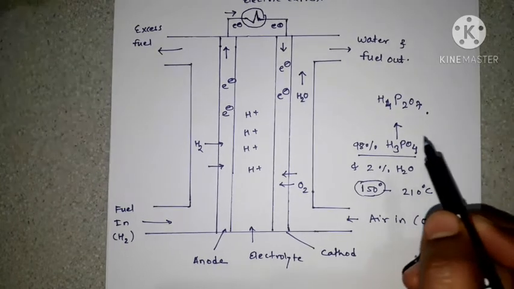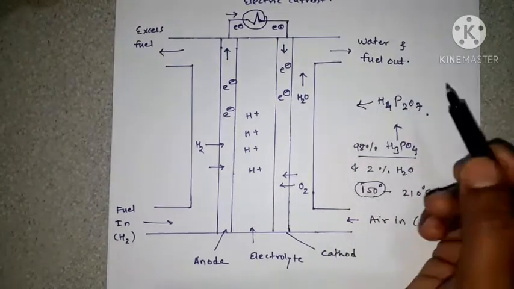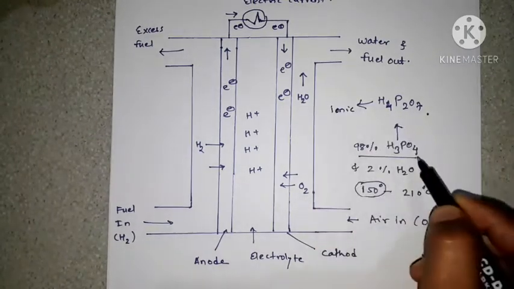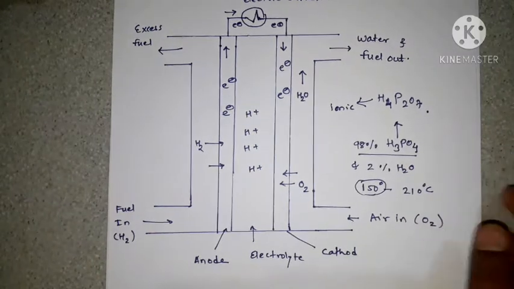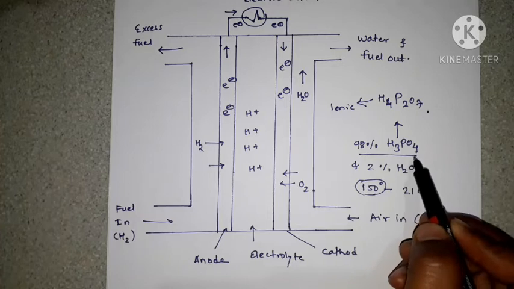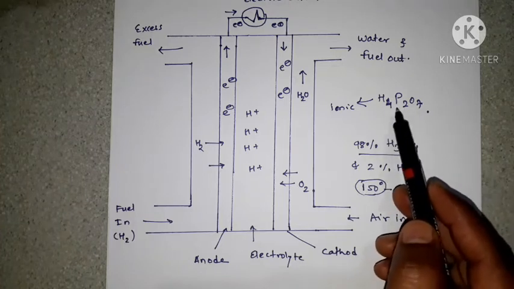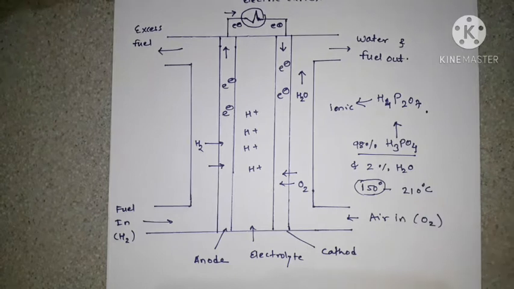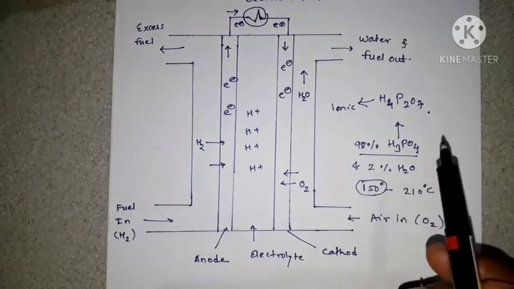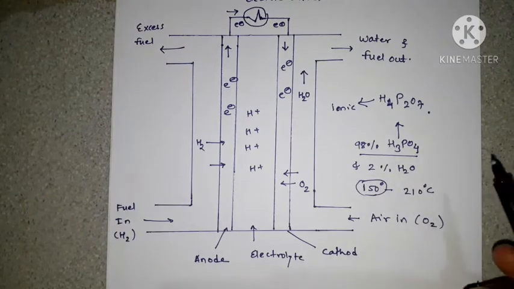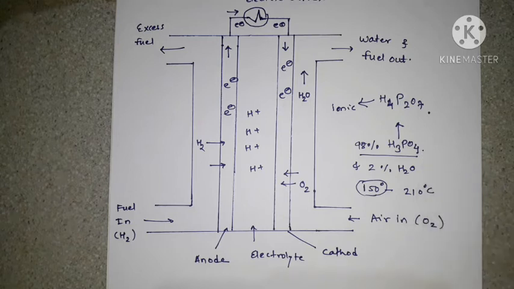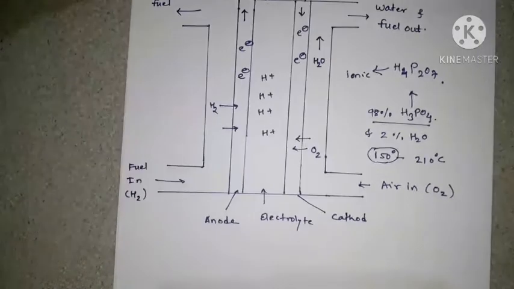That means pyrophosphoric acid is more ionic than phosphoric acid. Because 3 hydrogens are present in phosphoric acid, and in pyrophosphoric acid 4 hydrogens are present, and you will get more H plus ions. So that's why it has considerably higher ionic conductivity than phosphoric acid.